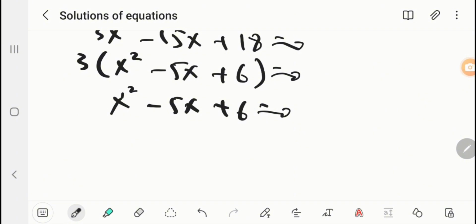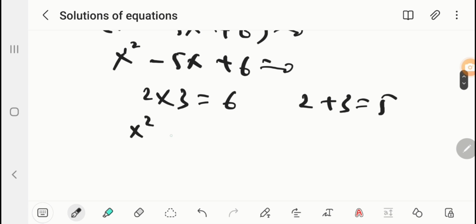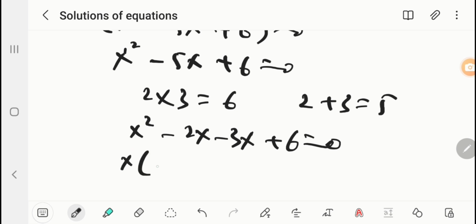By the middle term breaking method, I will find a pair: 2 multiplied by 3 is equal to 6 and 2 plus 3 is equal to 5. So it will be x squared minus 2x minus 3x plus 6 equal to 0. By taking x as common, it will be x minus 2 and minus 3 into x minus 2.